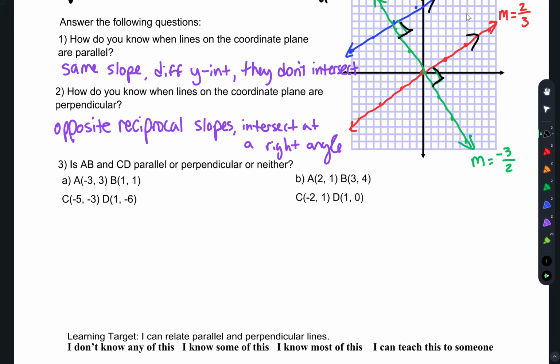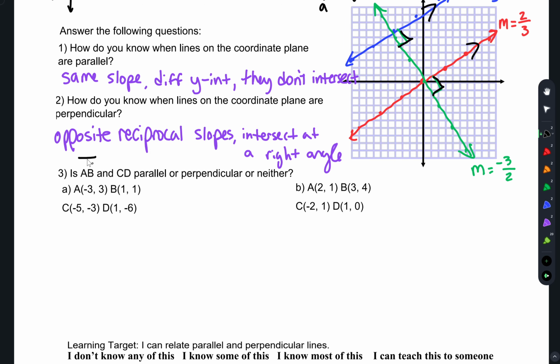So in these next few examples, I'm given some coordinate points. They represent the endpoints of 2 lines, line AB and line CD. How am I going to figure out if these are parallel, perpendicular, or neither? What do I have to find? Do we have a formula for slopes that we know of? M equals?